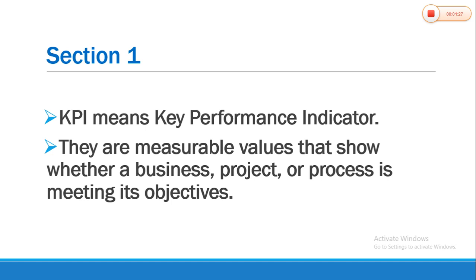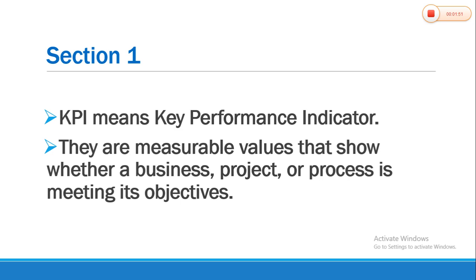So every company has this business goal, right? From the beginning of the year, say January, to the end of the year, say December, every company has what they want to achieve in that particular year.